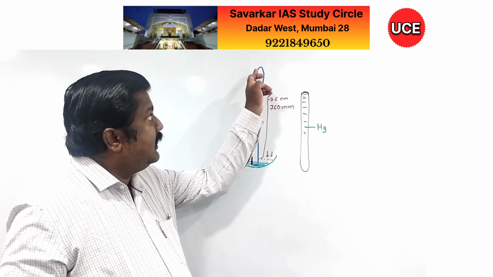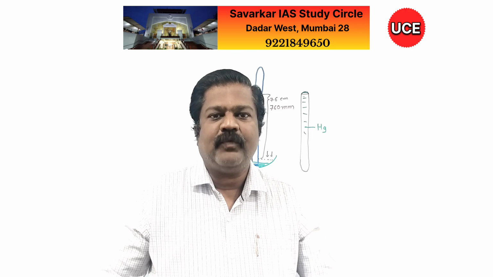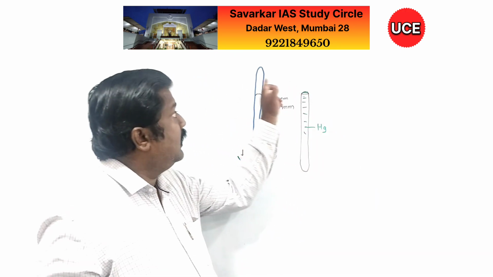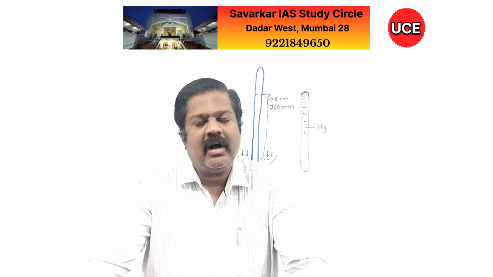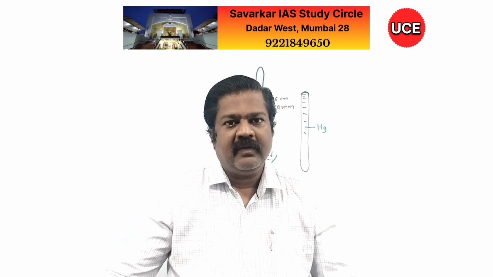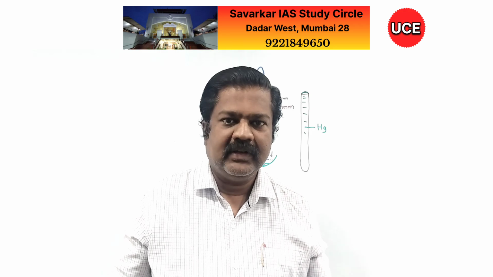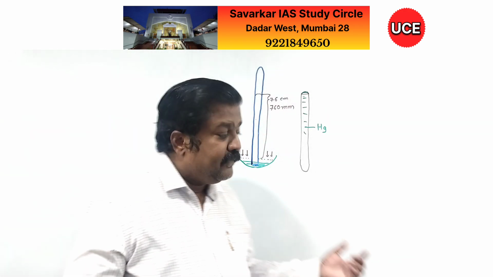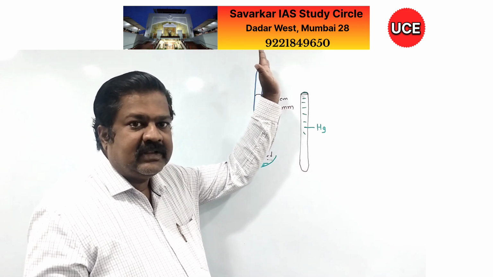So there is a vacuum. This vacuum is named Torricelli's vacuum. So here we practically get the creation of a vacuum. No doubt it is not 100%, but a very great vacuum is produced here, which is called Torricelli's vacuum.